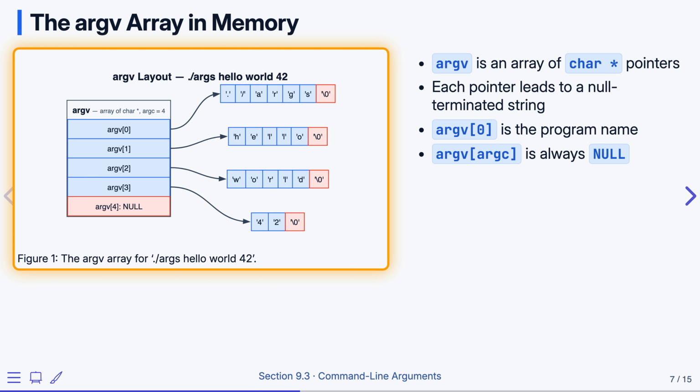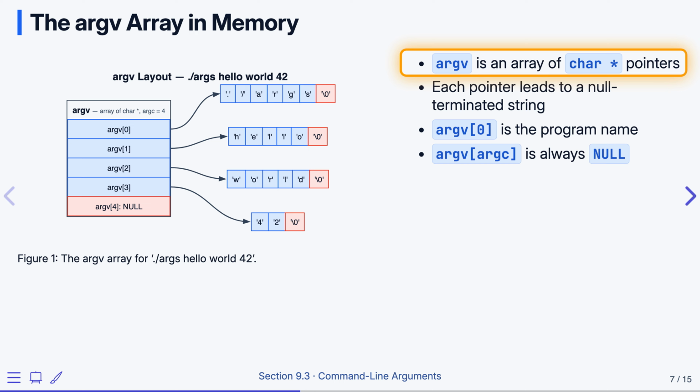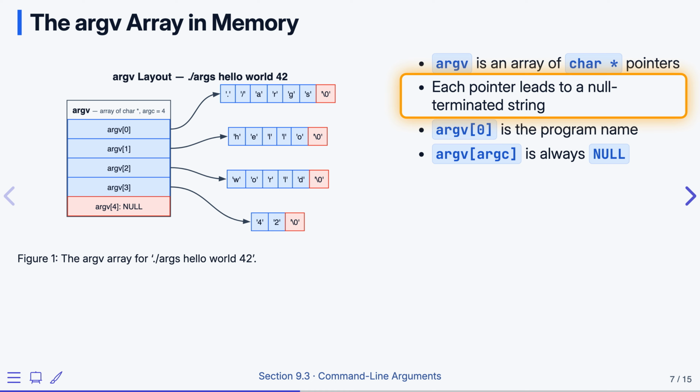This figure shows the layout in memory. Here argc is 4, so there are 4 real entries. argv is an array of char pointers. Each pointer leads to its own null-terminated string on the right. argv[1] points to hello, argv[2] to world, and argv[3] to the string 42. argv[0] points to the program name, ./args.